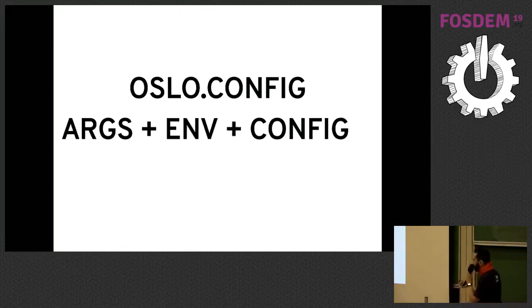And in the last semester of last year, a driver was merged, so now we can also get values from the environment. So we have the configuration files, and they can be overridden by environment variables, and then you can provide arguments on the command line.